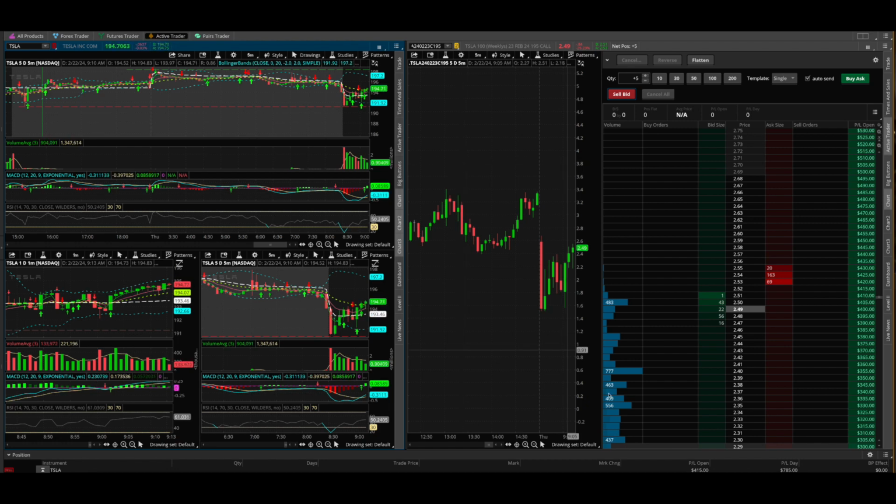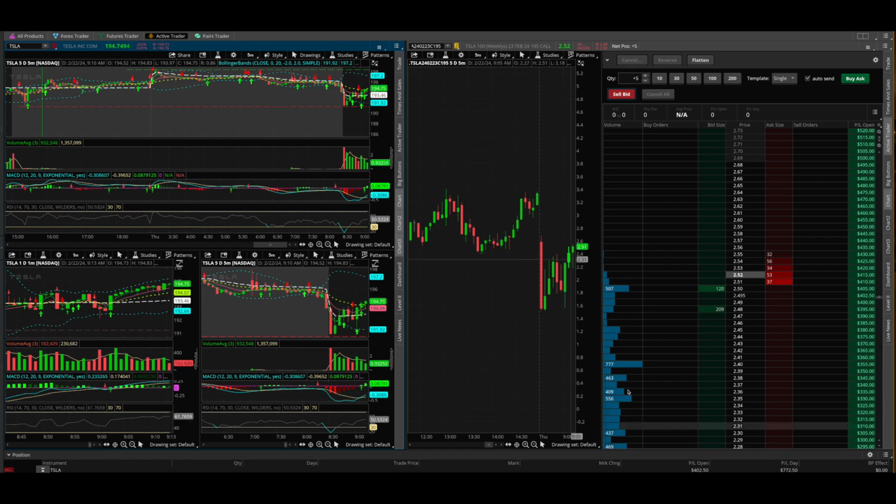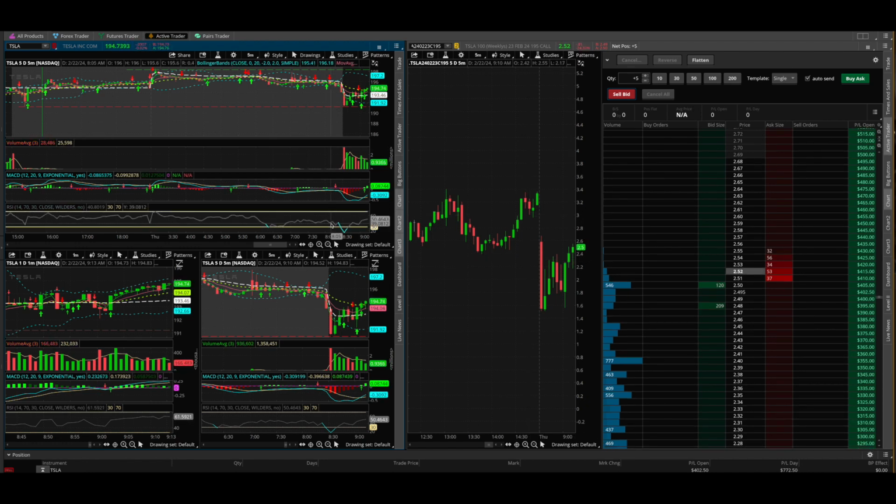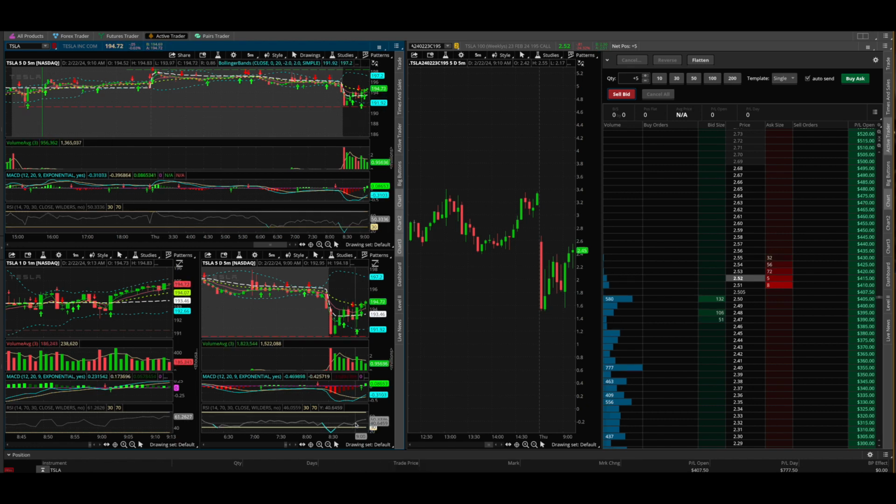And right now, 5 contracts left. Let's turn it up to the upside. We're back to the 772 profits. And it's neither oversold nor overbought, right in the middle, at 50 for the RSI.